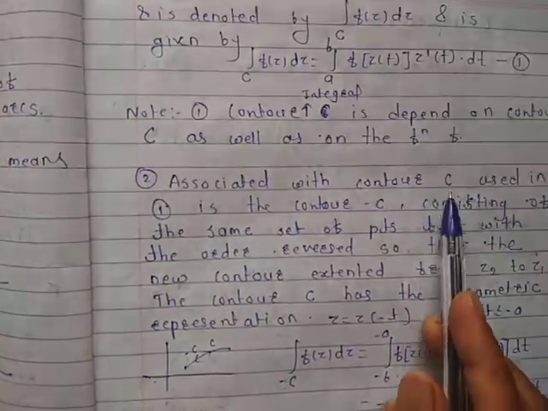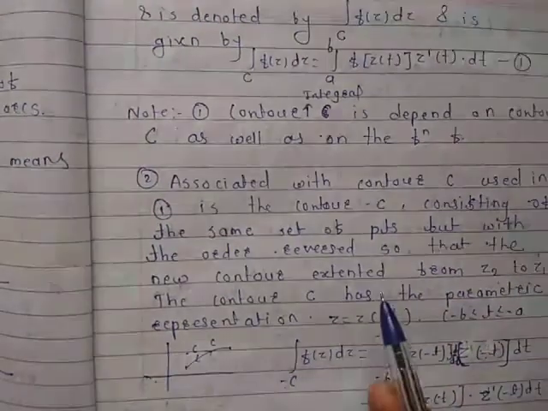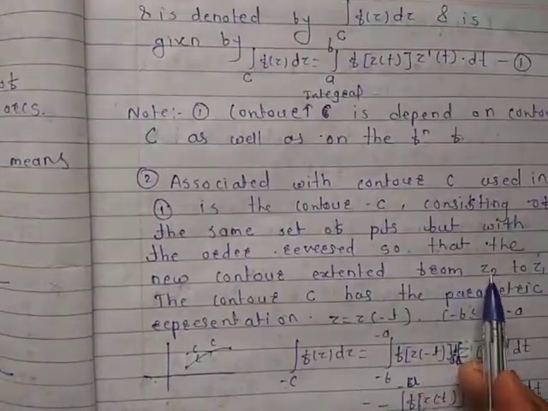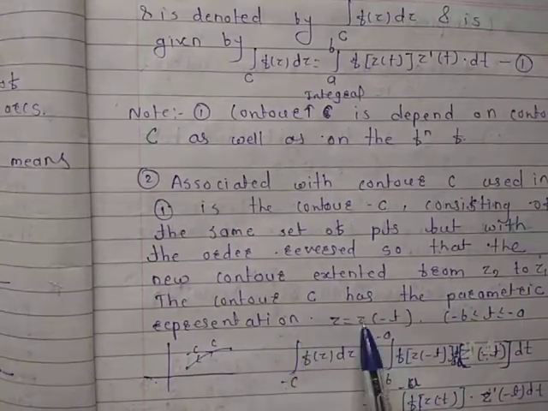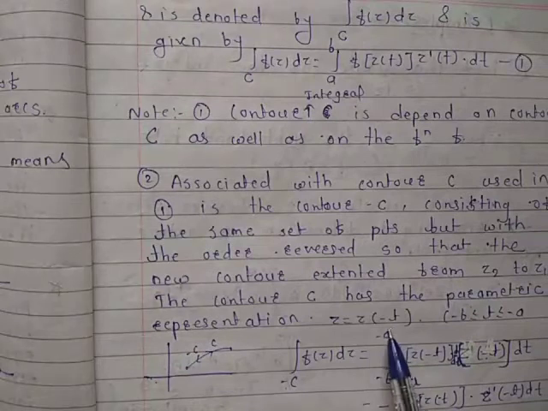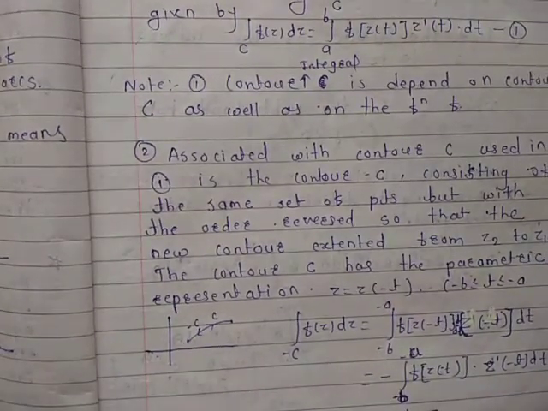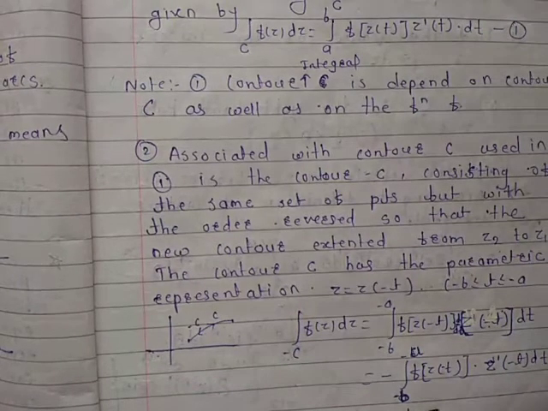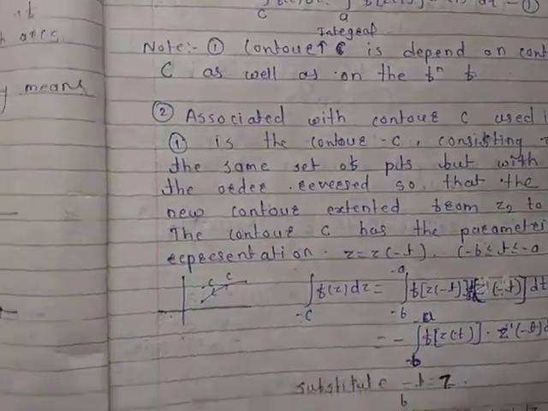Suppose C is a contour from z1 to z2. If we reverse, the contour extends from z2 to z1. The contour minus C has the parametric representation z = z(-t). And you will get integral over minus C of f(z) dz = minus integral over C of f(z) dz.